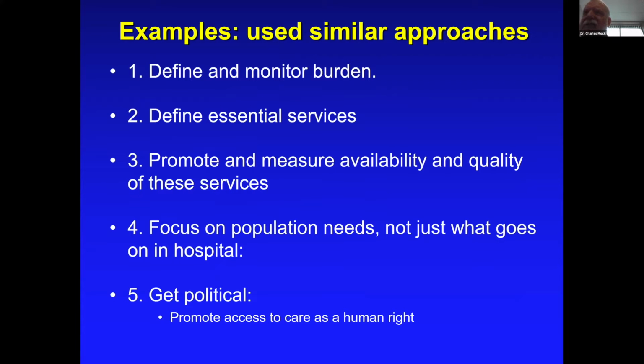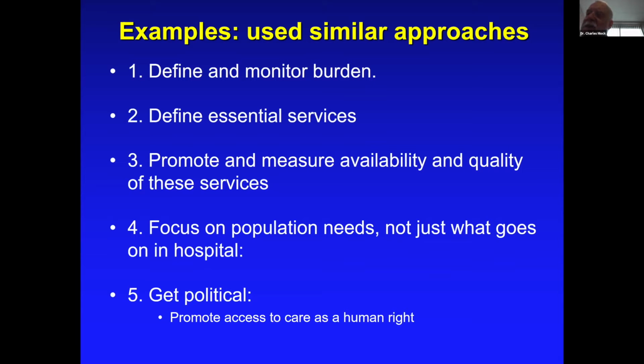For the examples I'll give, there have been similar approaches: defining and monitoring the burden of surgical problems, defining essential services that would be most effective in lowering the health burden, death and disability from these conditions. Once the essential services are better defined, promoting and measuring the availability and quality of these services, especially focusing on population needs, not just what goes on in hospitals. Obviously, that's very important, but we need to know what is happening in the community.